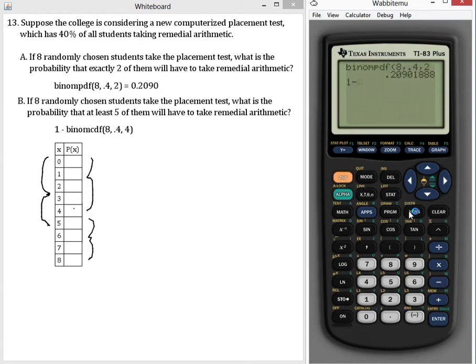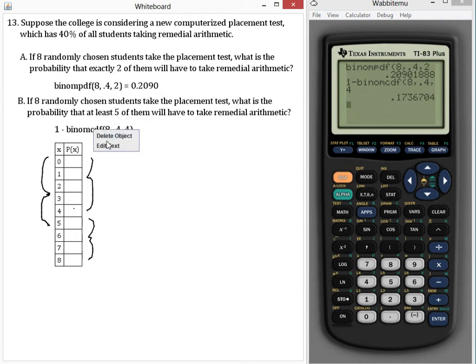So 1 minus Binomcdf 8, 0.4, 4. And there is my answer, which is 0.1737 when we round to 4 decimals.